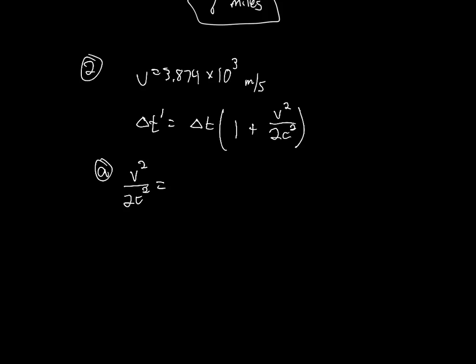Can I plug in the digits? Do I know what v is? Yeah, what's v? 3.874 times 10 to the third. And I square that. Divided by 2c squared. What's c? Speed of light, 3 times 10 to the 8th. Plug this into your calculator and tell me what you get.